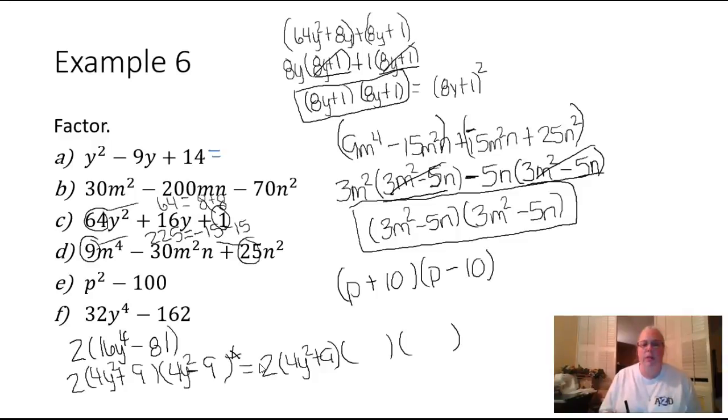So 4 is actually 2 times 2. And y squared is actually y times y. And then 9 is actually 3 times 3. And again, because there's no middle term, I know one's going to be positive and one's going to be negative. So F, which factored several times, its final form is going to look like this right here.